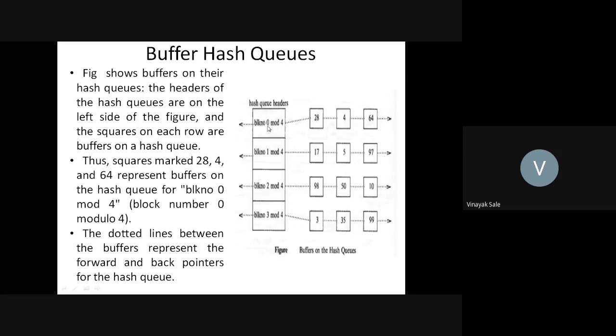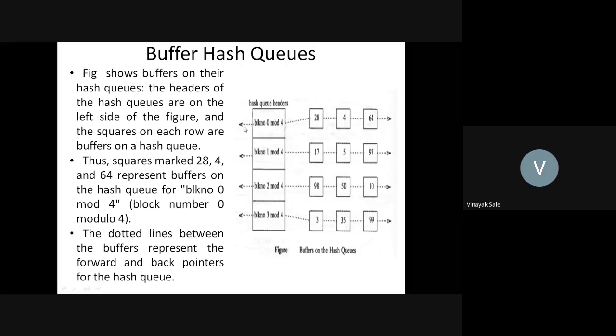Block number 0 mod 4, block number 1 mod 4, block number 2 mod 4, block number 3 mod 4. Why is it taken as mod 4? Because there are a total of 4 queues. If there were 5, then it would be mod 5.